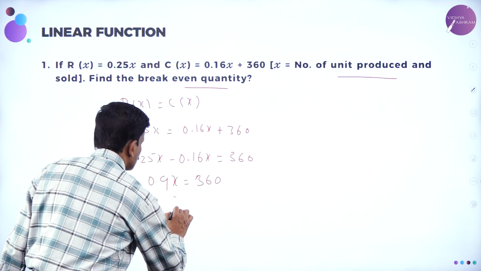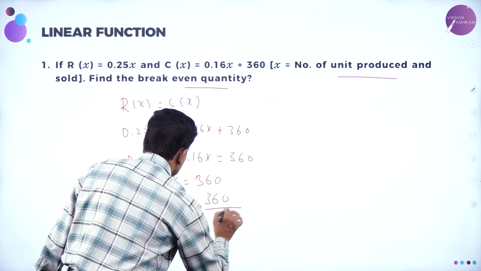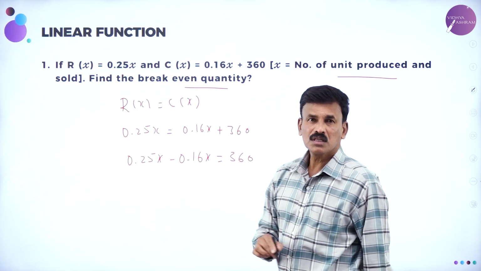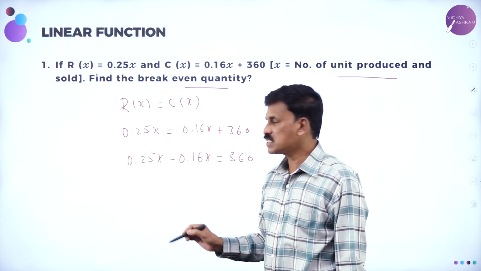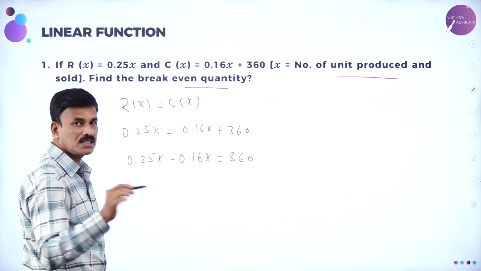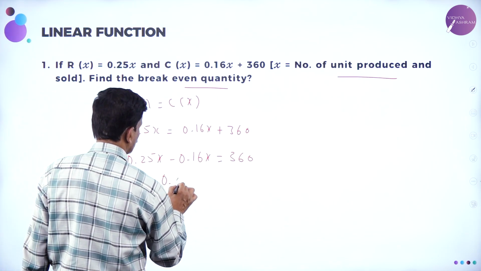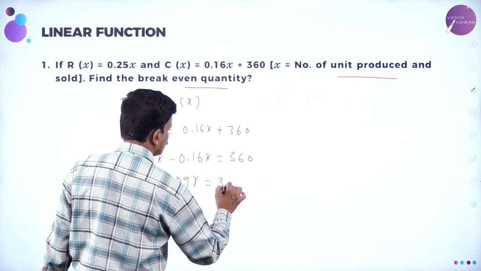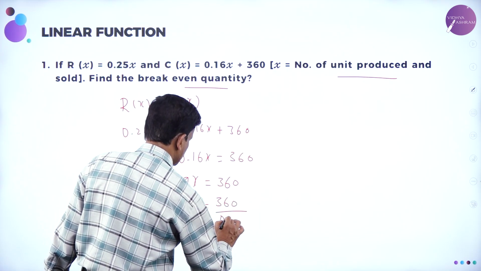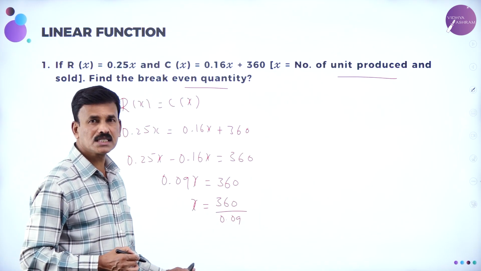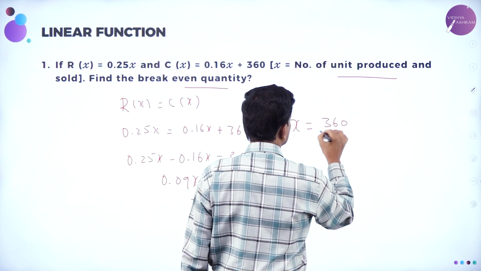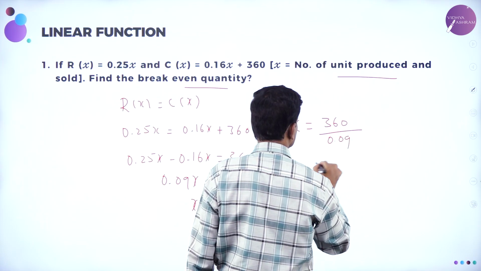X is equal to 360 divided by 0.9. Now subtract: 0.25 minus 0.16 is 0.09, so 0.09x is equal to 360. Therefore, X is equal to 360 divided by 0.09.